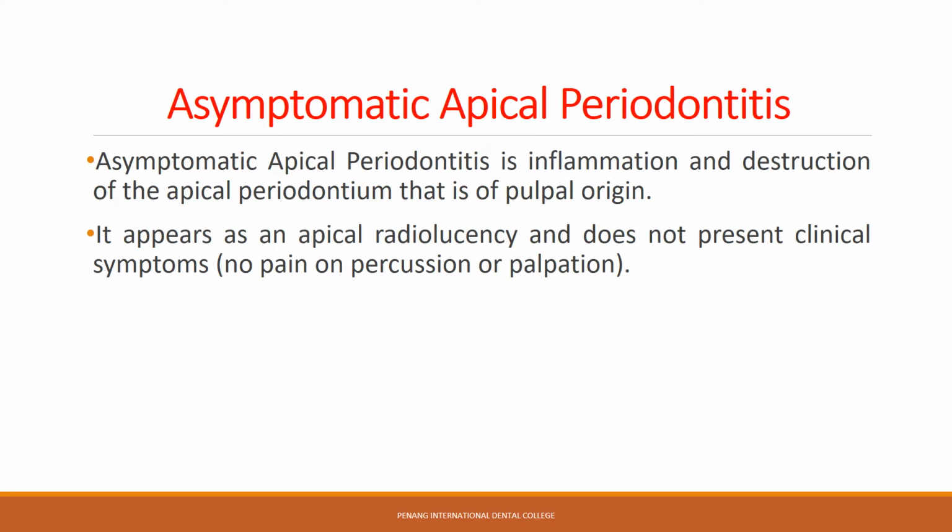When you take a radiograph, if you find that there is a destruction of the apical anatomy, that is, the lamina dura is not intact or the periodontal ligament space appears widened, then the diagnosis we give is asymptomatic apical periodontitis, and percussion and palpation tests might give a normal response in this condition.